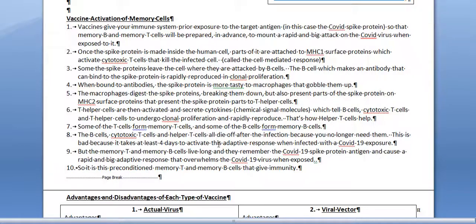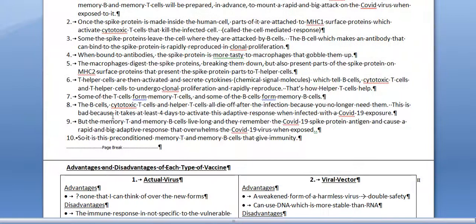And this is the heavy hitters. But the memory T and memory B cells live a long time, and they remember the COVID spike protein antigen and cause a rapid and big adaptive response that overwhelms the COVID-19 virus when exposed, right?